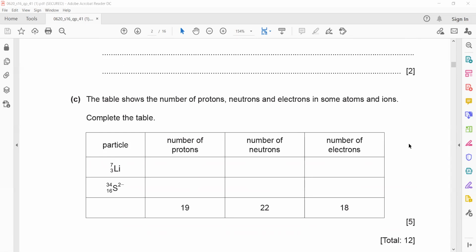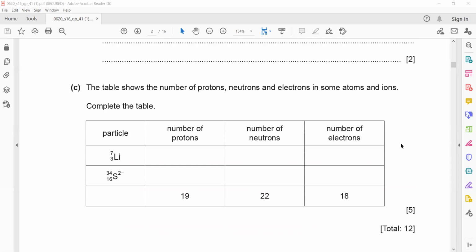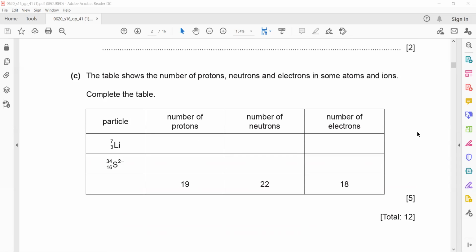The table shows the number of proton, neutron, and electron. You have to fill this table. Use the screen annotation to complete this table. Sir, it's very difficult to annotate with the mouse.